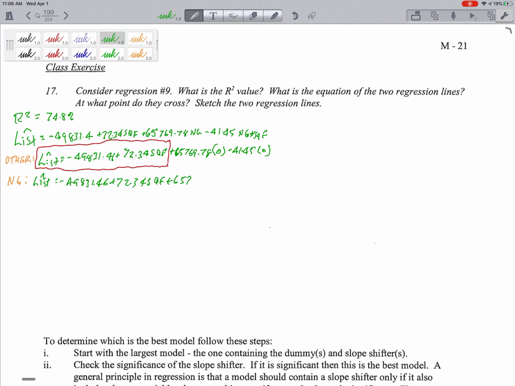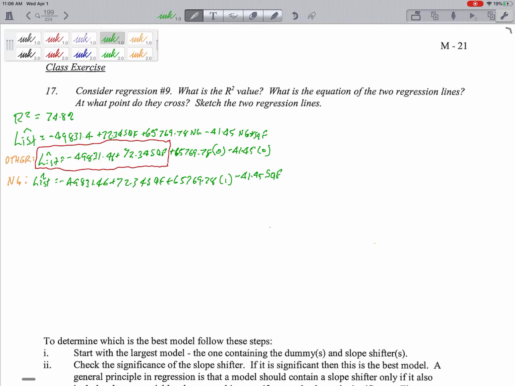769.78. So down here, 69.78 times 1. And then minus 41.45 times what? Well, not 1, but SQF.